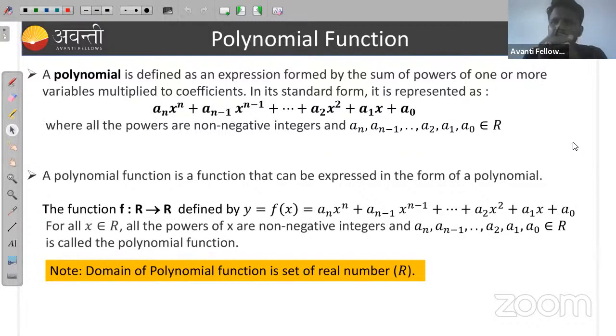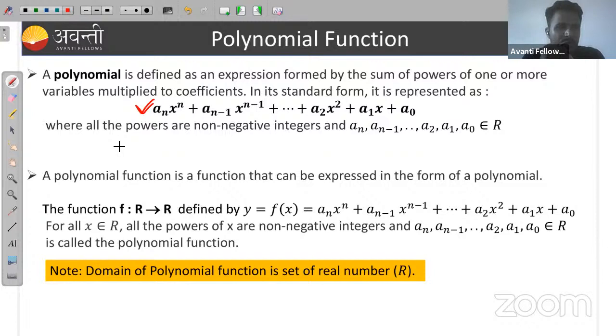How does a polynomial look? Generally, polynomial functions look like this: a_n x to the power n plus a_(n-1) x to the power n minus 1, and so on, then a_2, a_1, a_0. These are constants, real numbers, and they are called the coefficients of the polynomial.